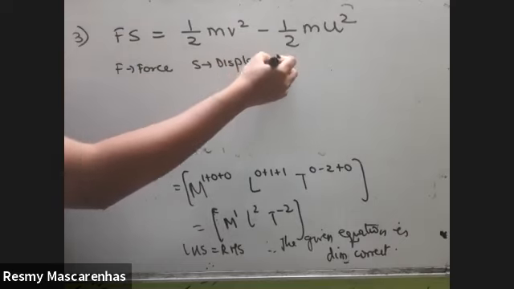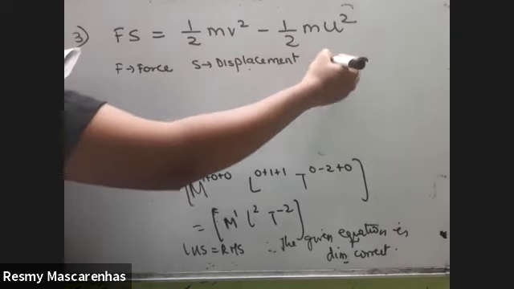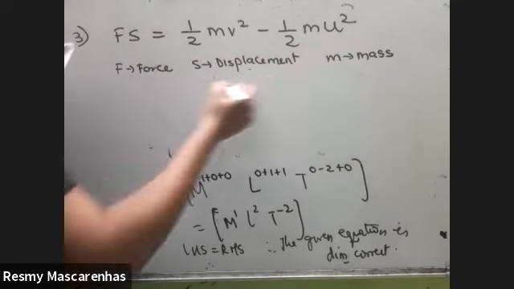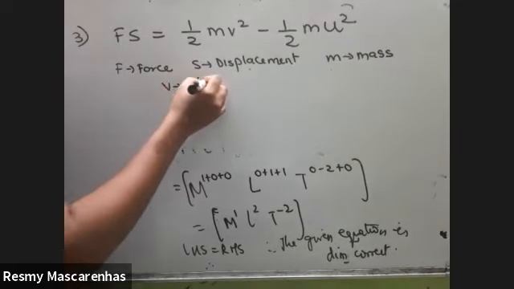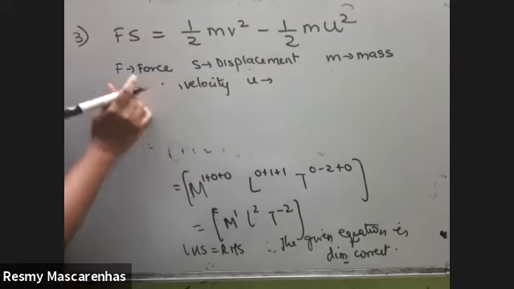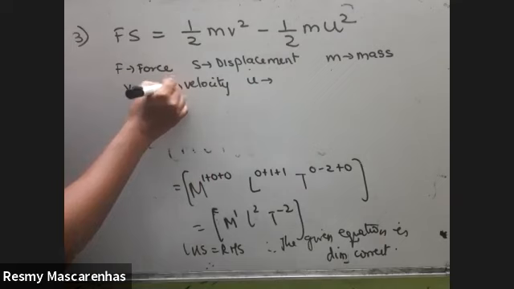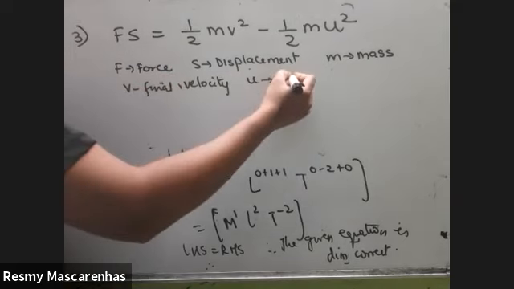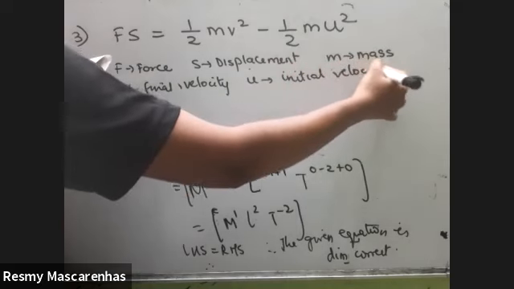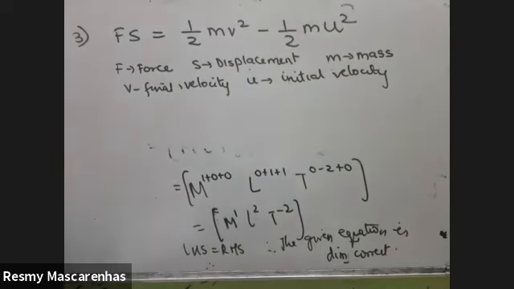Now you have to know displacement means length. Then m is mass. v is velocity. v is the final velocity and u is the initial velocity. So now we have to check whether this given formula is correct or not.